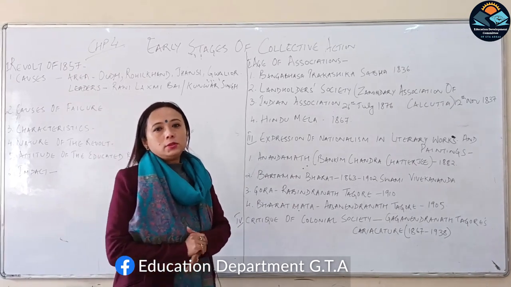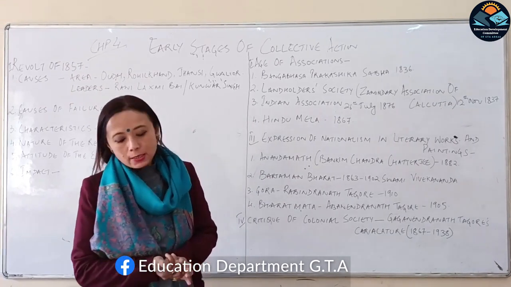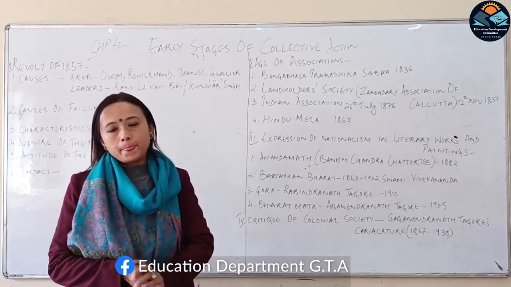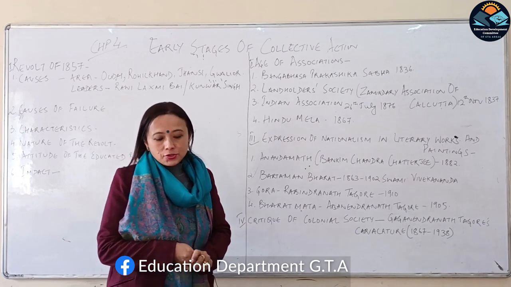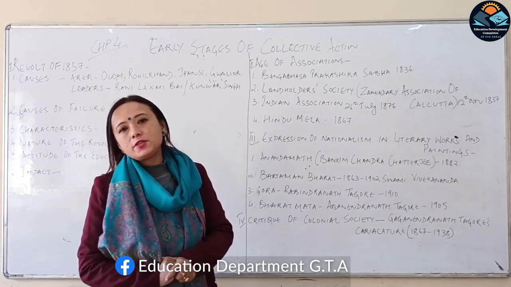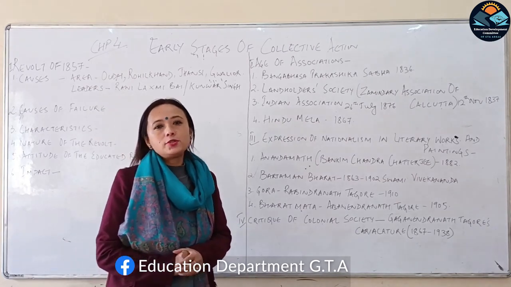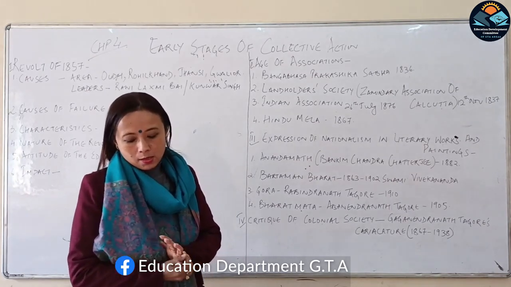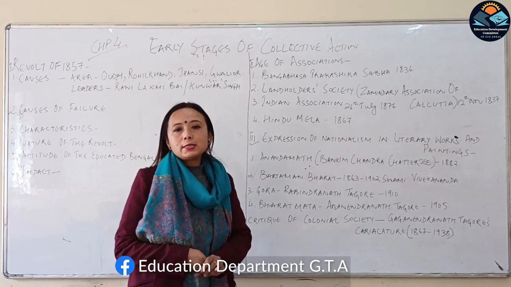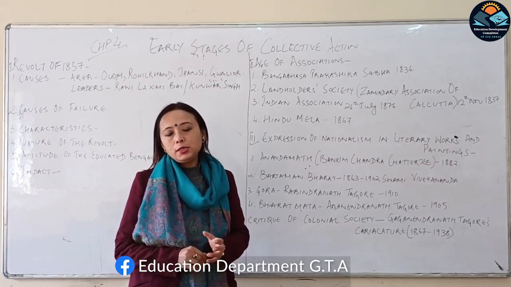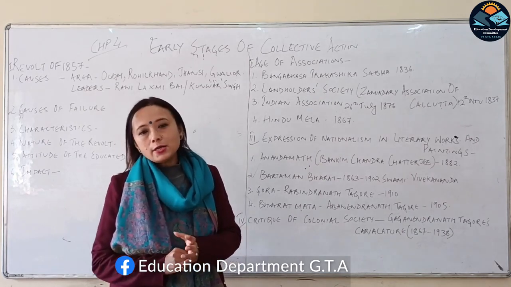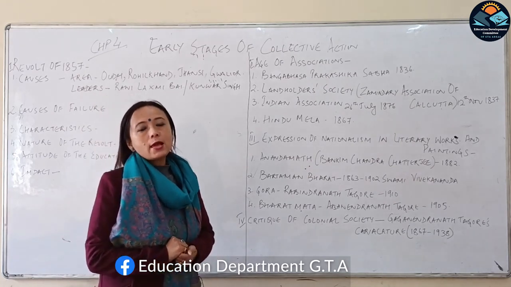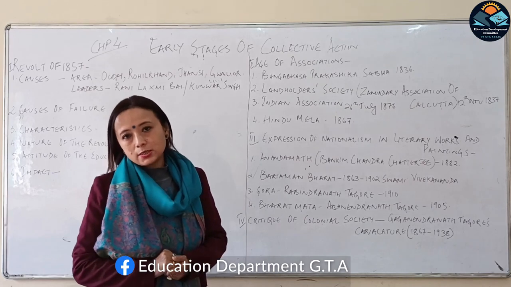Now, the spread of Western education and the growth of patriotism and nationalism paved the way for political consciousness among the Indians. The educated middle class realized the need to organize political movements and to safeguard their interest.